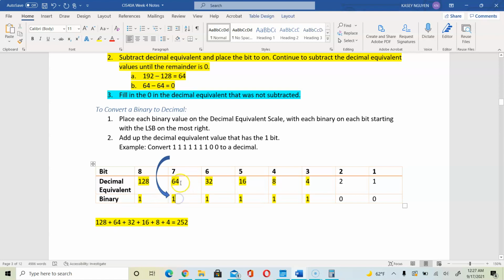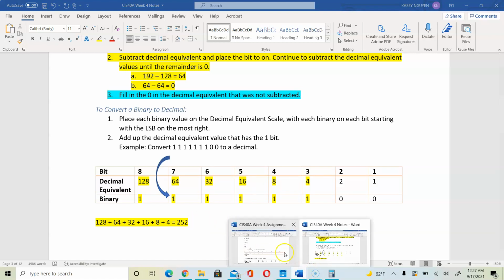The 1 here is equivalent to 64, plus 64. The 1 on the 6th bit is equivalent to 32, so we add 32. On the 5th bit, we add 16. On the next bit, bit 4, that's equivalent to 8, add 8. On the next bit, bit 3, equivalent to 4. We stop there because the last 2 are off, so we don't add those. So we have 252.